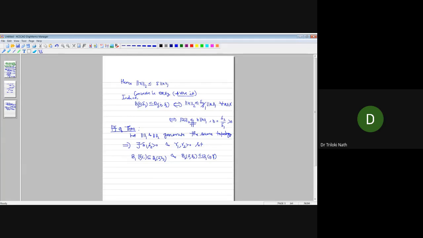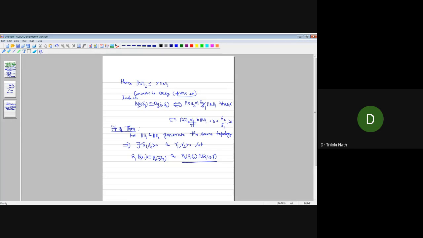Okay, the meaning is that if norm 1 and norm 2 generate the same topology, then whatever open ball you consider in one norm contains some open ball in the other norm. So suppose now you consider here B1(0, r1), an open ball which is an open set with center 0 and radius r1. And because it is an open set in norm 2, corresponding to 0 there must be an open ball, isn't it?